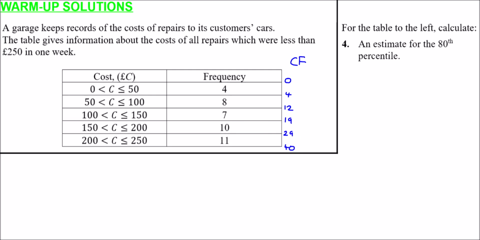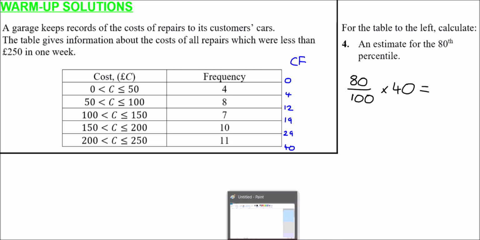Now the 80th percentile, we need to think what position the 80th percentile would be. So 80th percentile, percent means 80 out of 100. The total frequency is 40. So the 80th percentile will be the value which is 80% of 40.